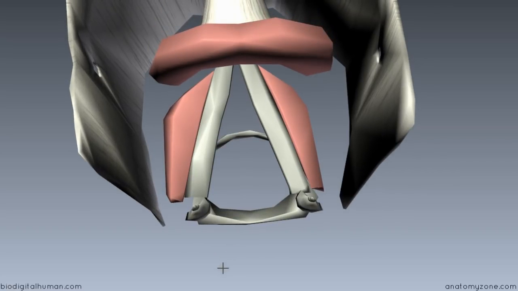So when the lateral cricoarytenoid muscle contracts, it's going to pull the muscular process this direction. So it's going to medially rotate the arytenoid cartilages, and it's going to close the rima glottidis. So this results in adduction of the vocal cords, and it brings the vocal cords together.